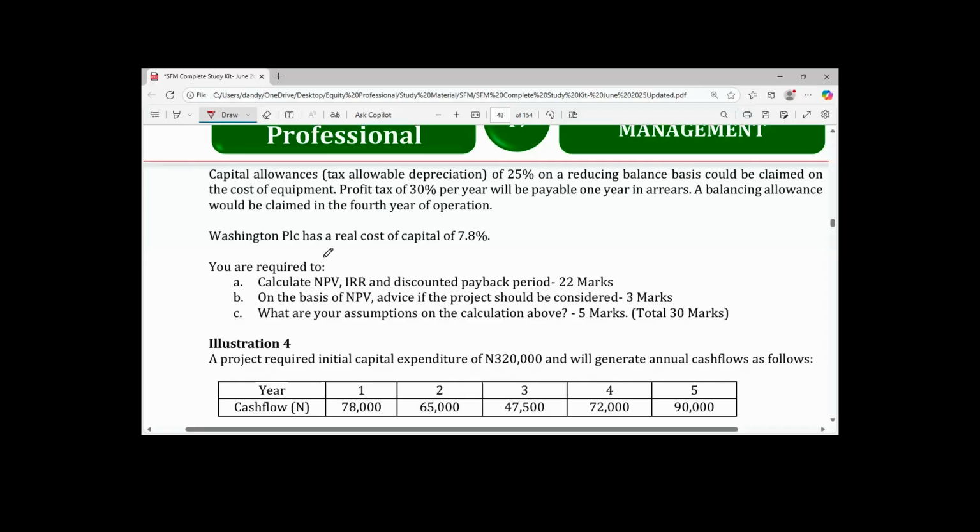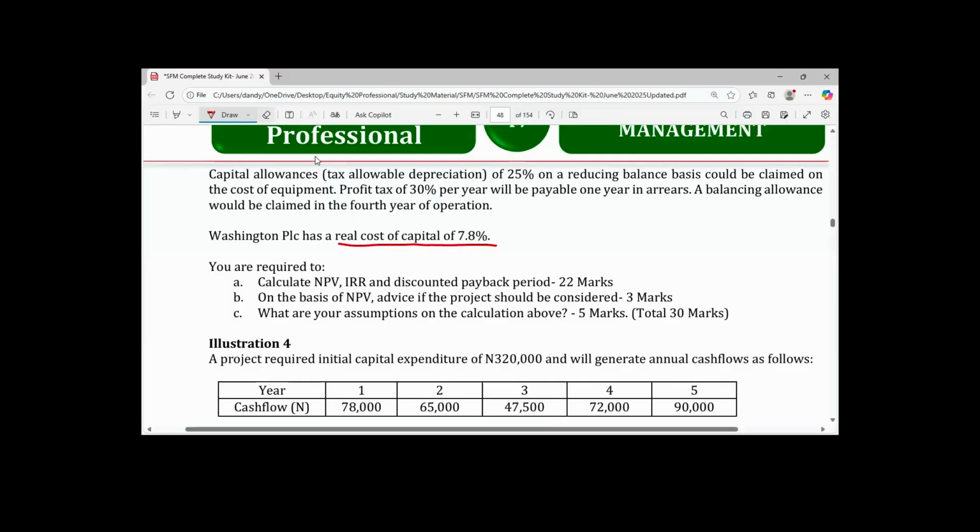Washington PLC has a real cost of capital of 7.8%. You are required to: A. Calculate NPV, IRR, and discounted payback period, 22 marks. B. On the basis of NPV, advise if the project should be considered, 3 marks. C. What are your assumptions on the calculation above, 5 marks? Thank you.